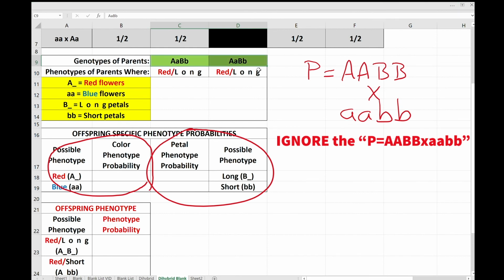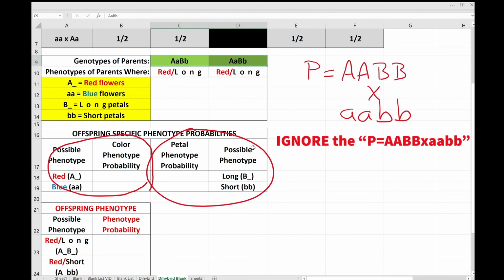And these genes do something that Mendel had observed called independent assortment, where the gene for color, A, is independent of where the gene for petal length, B, goes. So we're going to take two parents that are heterozygous red and long petals and cross them. And we're going to look at each gene individually.